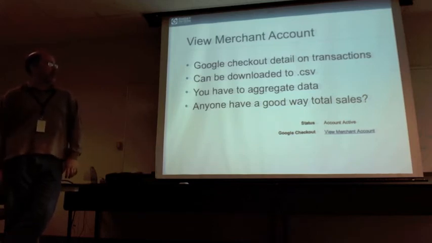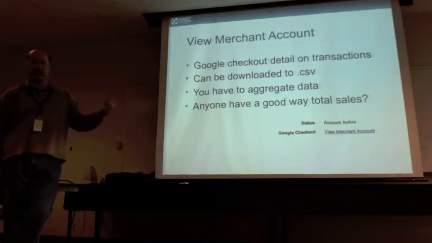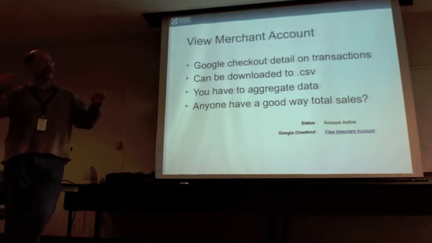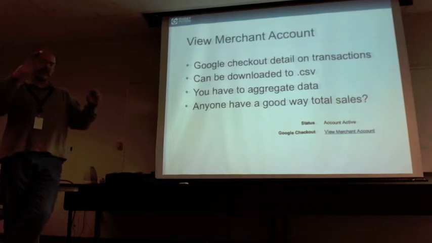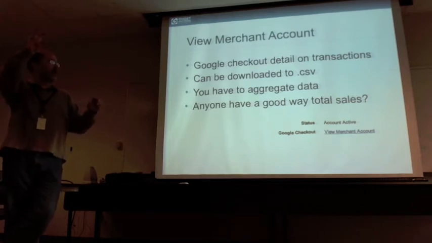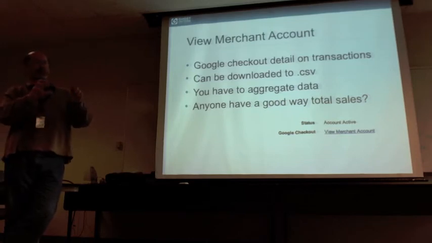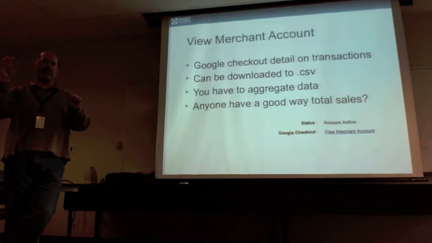So yeah, today what I do is I download the CSV file in all its gory detail, and then I've got this nice conditional if kind of thing that goes in and totals up the sales, subtracts the sales where they changed their mind and got a refund, and separates out the U.S. from the non-U.S.